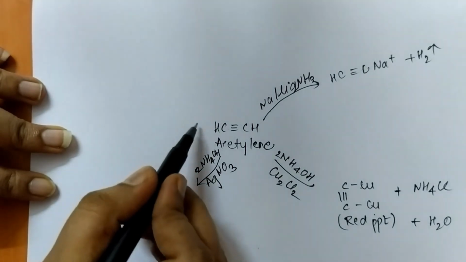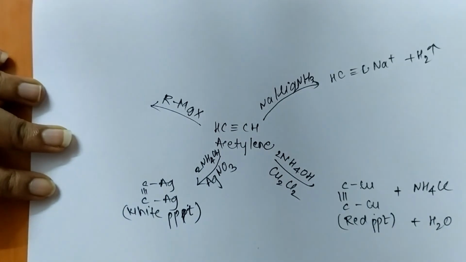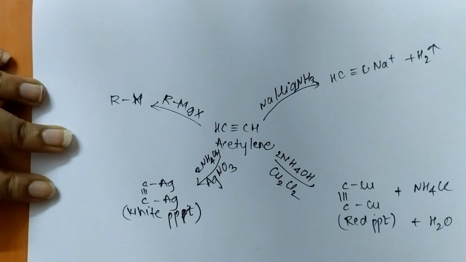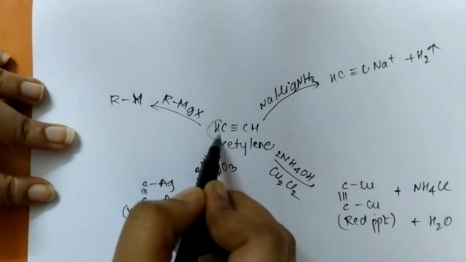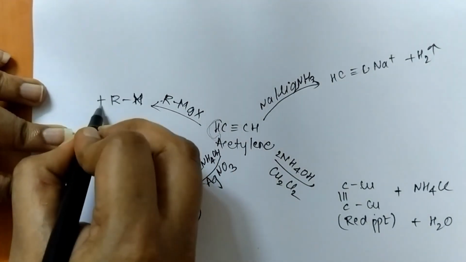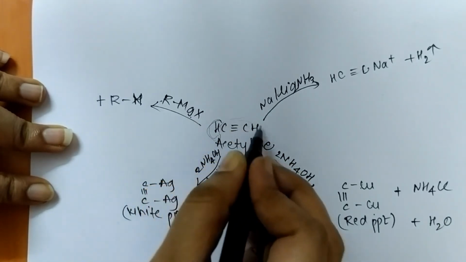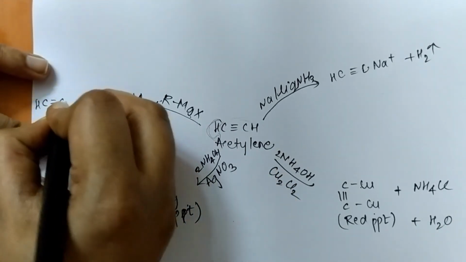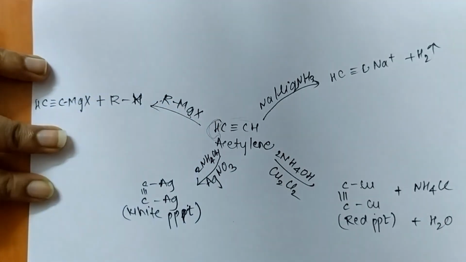Now, when this particular molecule is allowed to react with a Grignard reagent, that is RMgX, then we will get an alkane, that is RH. This one H atom is going to join with R to give RH, plus this MgX is going to join with the rest of the acetylene. So therefore we are going to get CH≡C-MgX with a bond between Mg and C.